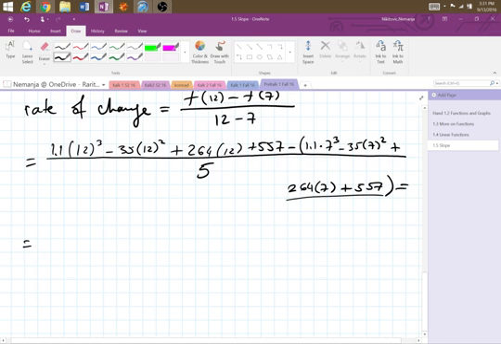Is it 12 and 7? Yeah. Negative 481.5, they say round to the nearest whole number, so I will have to round this to negative 482.